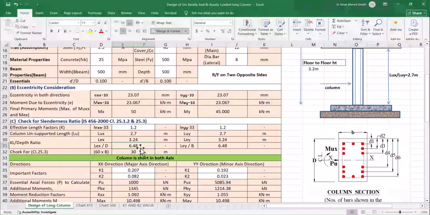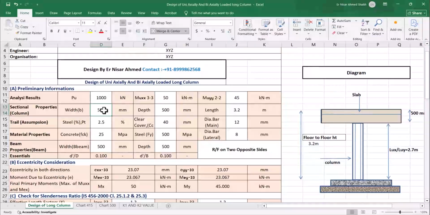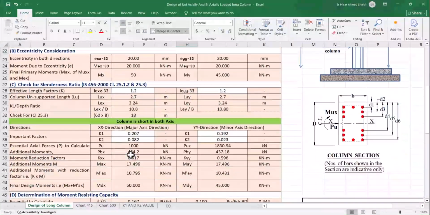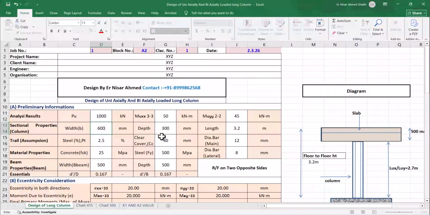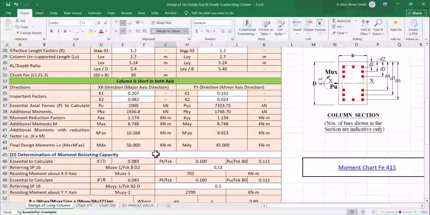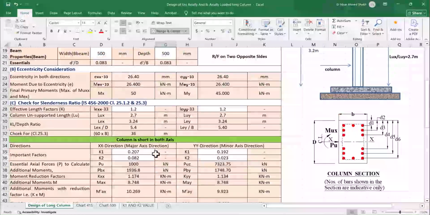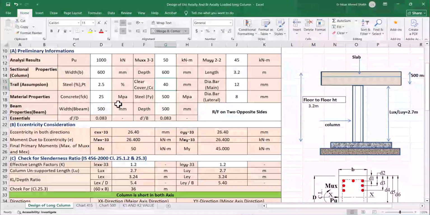Just we are considering the column in a few cases. We will take 300 here and here also 300. We can see column is short in both direction. Then 600, column is short in both direction.